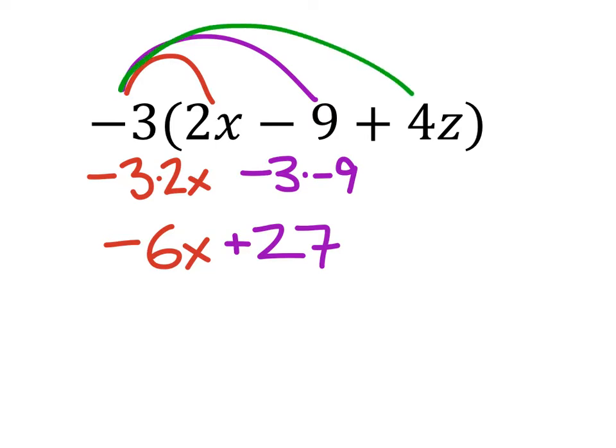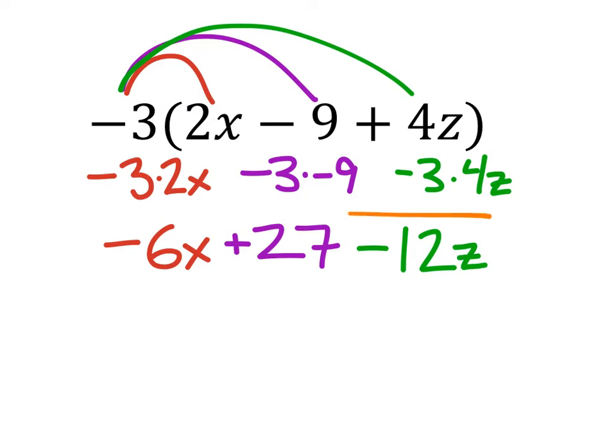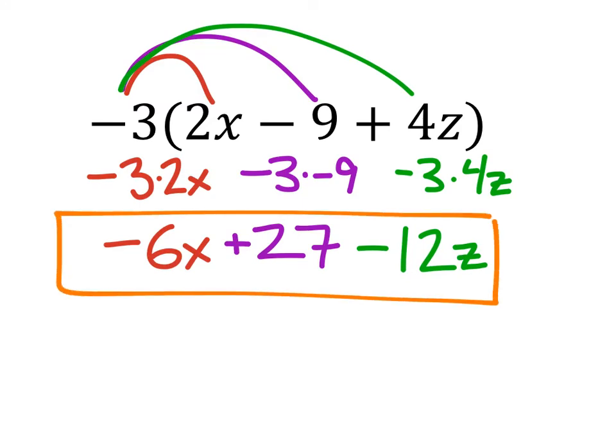And then finally distributing the negative 3 to the 4z right there, so that'd be negative 3 groups of 4z. Negative 3 times 4z makes that negative 12z. Now, there may come a time where the order of these is important, but it's not to me right now, okay? So I'm just going to leave it like this. Negative 6x plus 27 minus 12z.